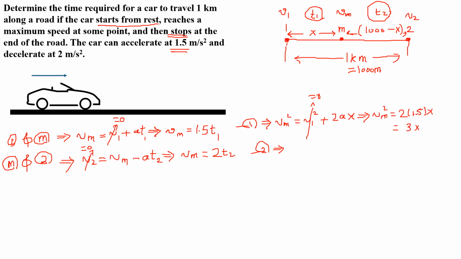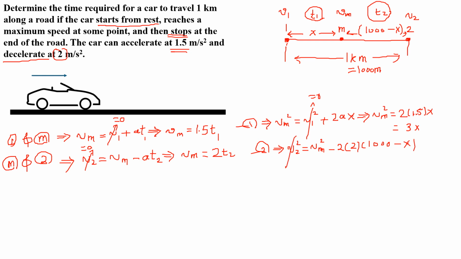Okay, and for the second, between M and 2, let me do the same. The final velocity equals Vm square. Now, one more time, the car is decelerating between these 2 points, so minus 2 times the rate of deceleration, so times 2, times the distance, which is now 1000 minus x, right?